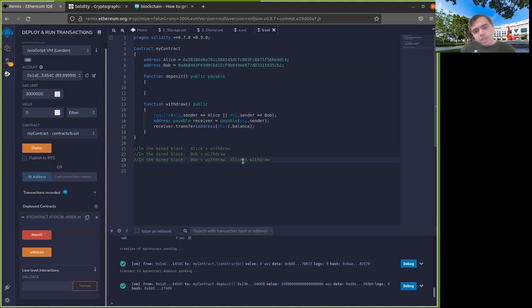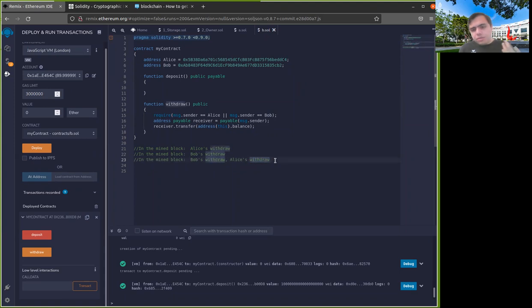And then the function call by Alice will be executed. And when that happens, again, we go through this function and it works. But the problem is that the balance of this contract is already zero because Bob has already taken all the money. So as you see, the miner can just put Bob's withdrawal before Alice's withdrawal, and that makes all the difference. That means that Bob gets all the money.